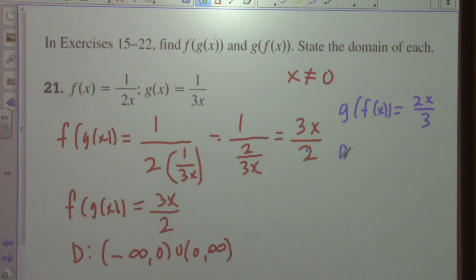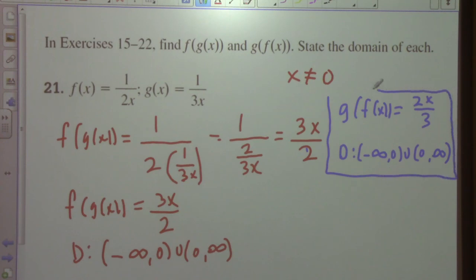Okay, and domain, same, right? And then this one here.